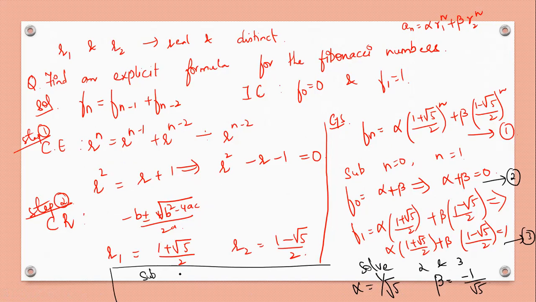When you substitute them, we will get Fn = (1/√5)((1 + √5)/2)^n - (1/√5)((1 - √5)/2)^n. Now this is your solution, the explicit formula for the Fibonacci numbers.